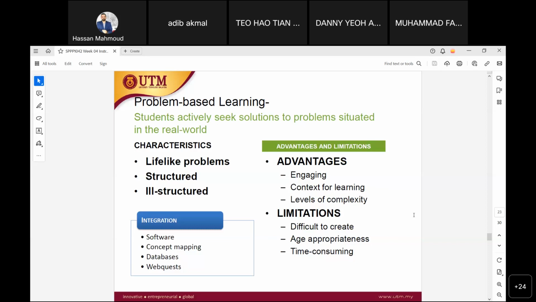Do you guys remember the assignment from the other class, the telecommunication class, where I asked you to come up with your own scenario about the installation of the network? This is 100% an example of problem-based learning, because you provided several different ideas relating to the problem that I gave you.